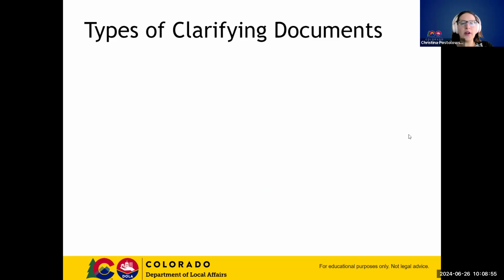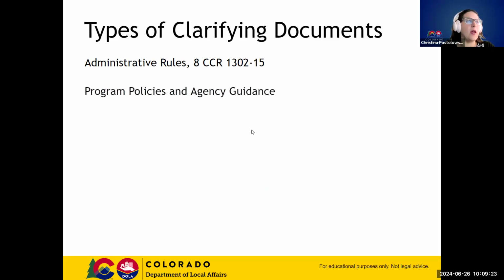I also wanted to share that there are a couple of different ways that administrative agencies like the Division of Housing can help clarify and implement the law for customers and members of the public. So one is through administrative rulemaking or regulations, and that is part of what we'll be discussing today. What should we propose putting in administrative rules for the program?